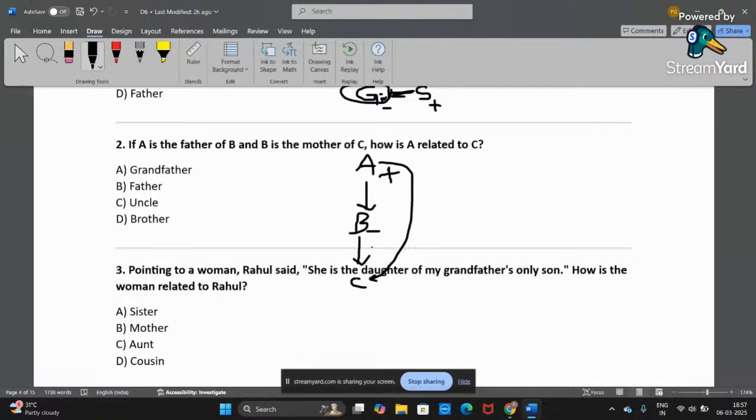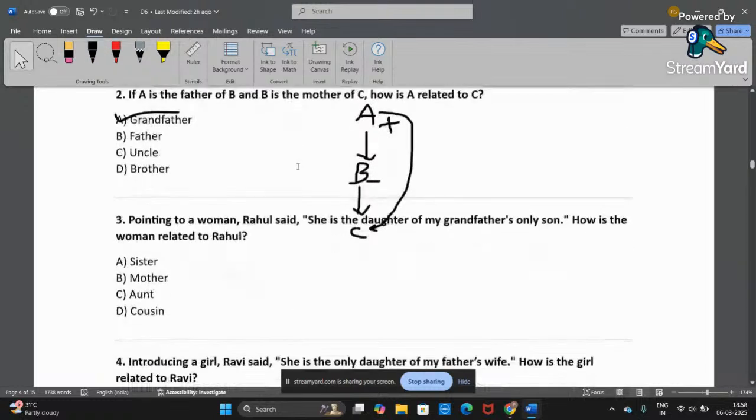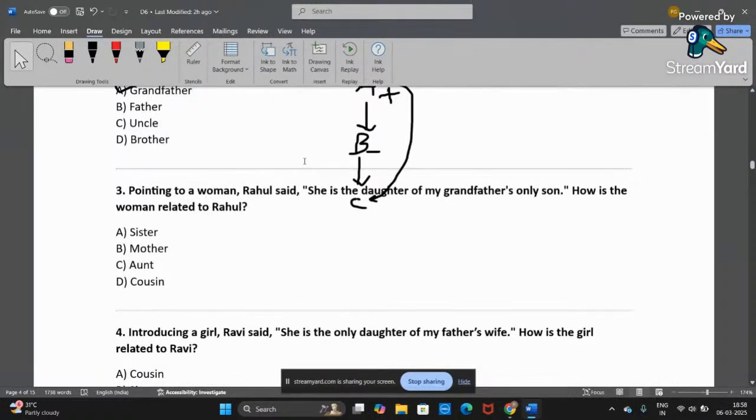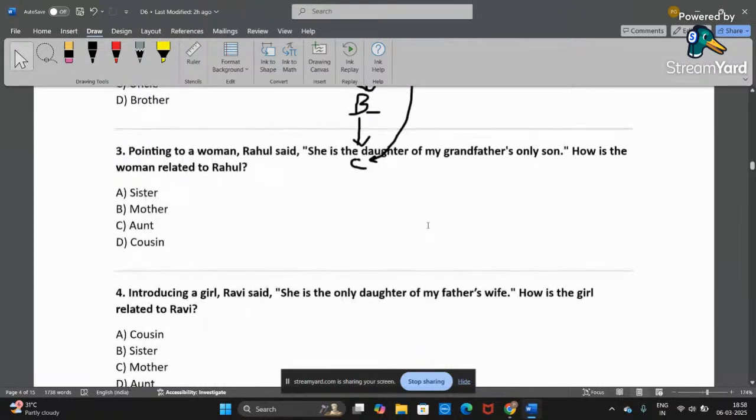See, C's mother is B, and B's father is A. That means A is related as grandfather to C. This will be the answer. The main thing is you need to understand and draw, then you need to analyze. Let's move on to the next.